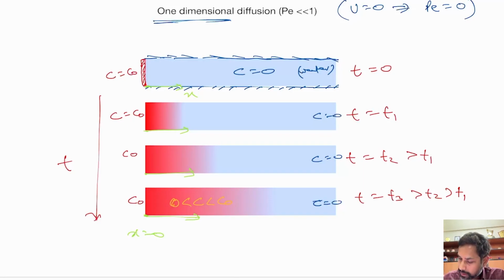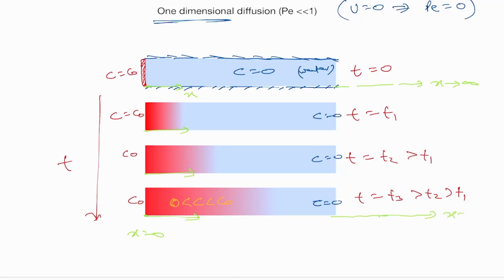And as you go further into the x, so let's say x tends to infinity, here you go further right and x tends to infinity. So if you keep supplying c equal to c naught, the mixed zone will become broader and broader, or you will get a larger and larger mixed zone of solute with water.